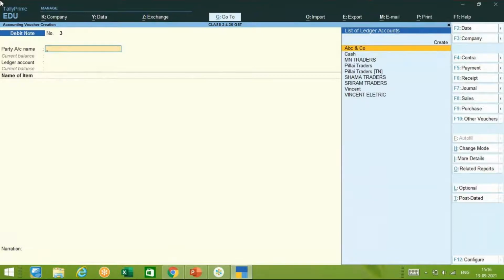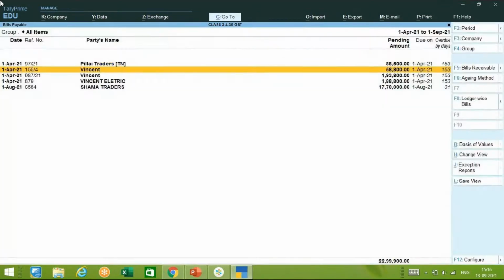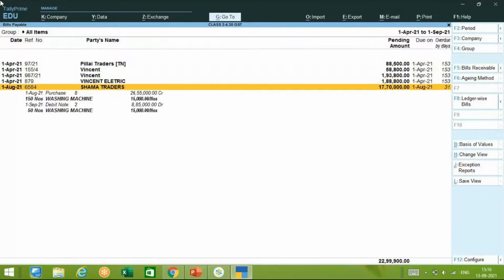Now go to Alt G, your bills payables, Shama Traders. So you can see two of the vouchers here, one purchase voucher and a debit note.